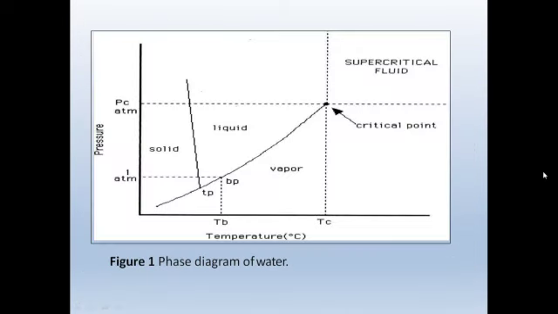This is the phase diagram of water. In this, the x-axis is temperature in degrees Celsius and the y-axis is pressure in atmospheres. Here is the critical point of water above which water acts as a supercritical fluid.